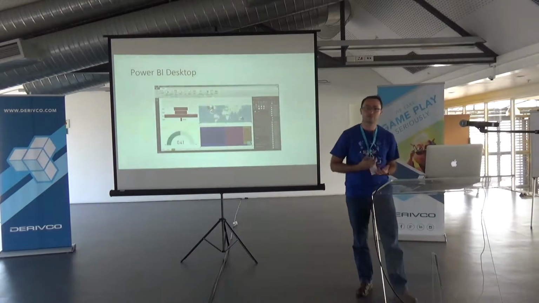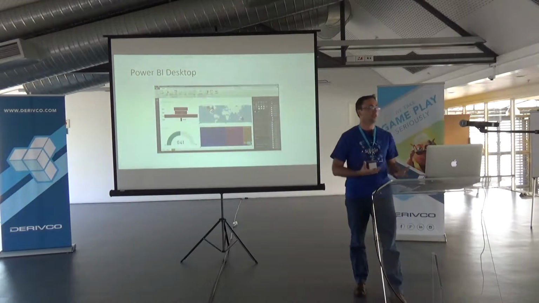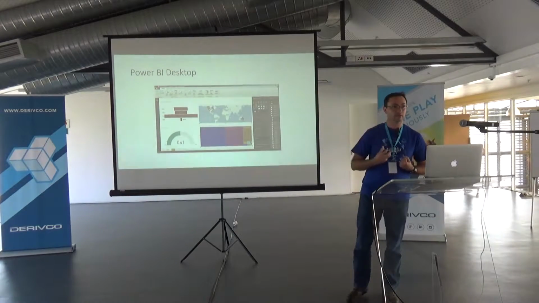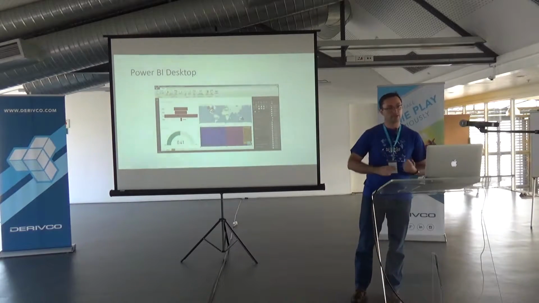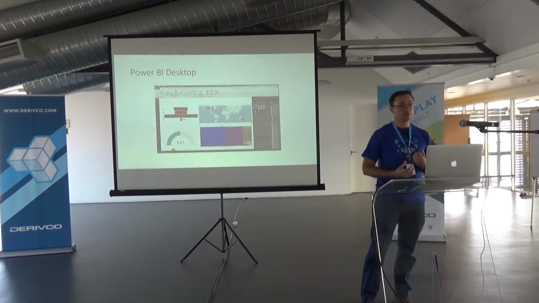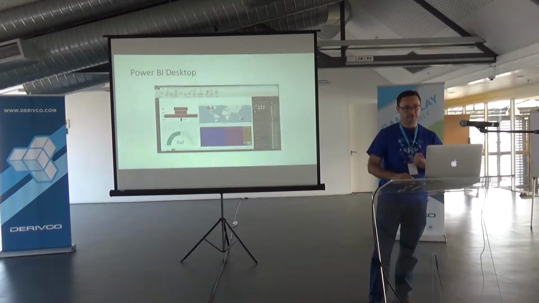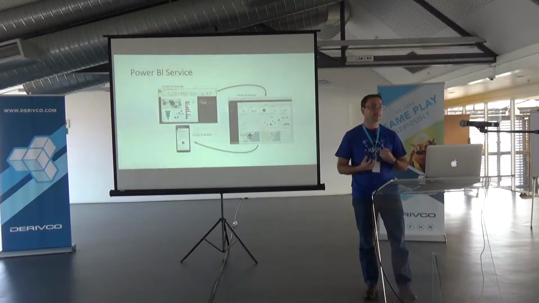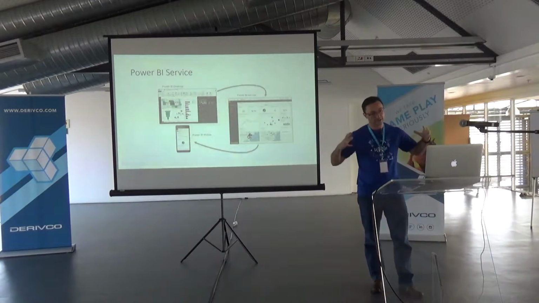Power BI comes in 2 variations. There's the Power BI desktop. As the name might suggest, this is what you can install on your local desktop. You can ingest your own data, build the models, build the visualizations, and report off that. But that has a limited story because data on your desktop has limited use. What we really want to do is be able to share that data, and for that, Microsoft leverages its Azure cloud through its Office 365 product.